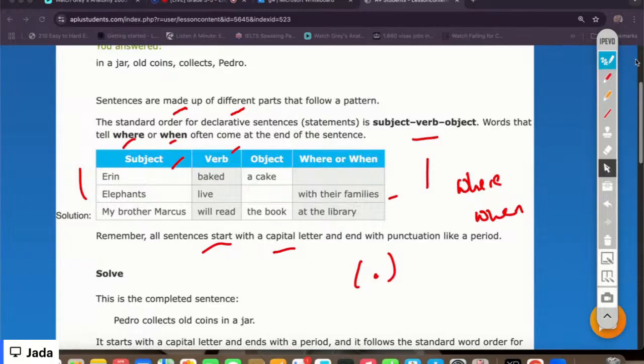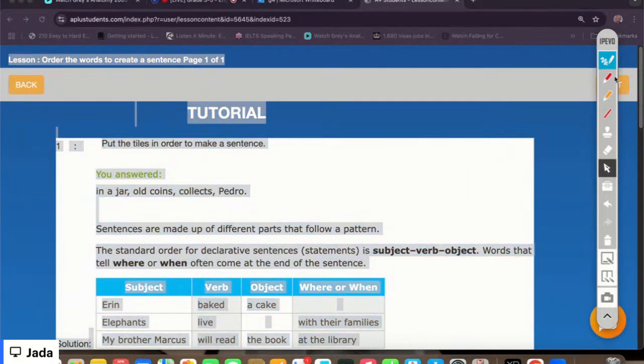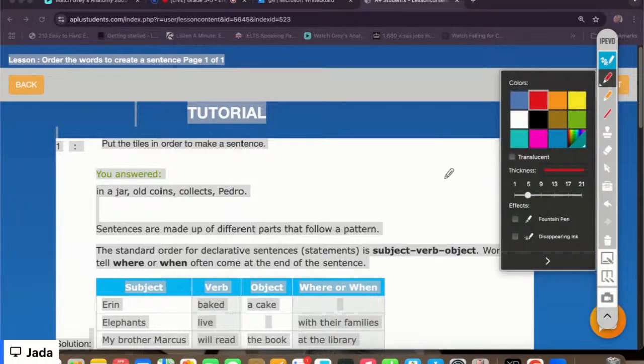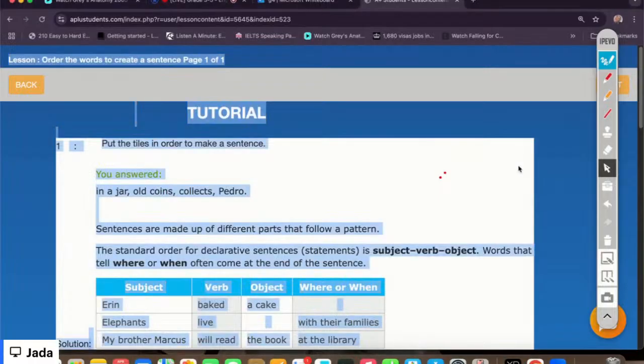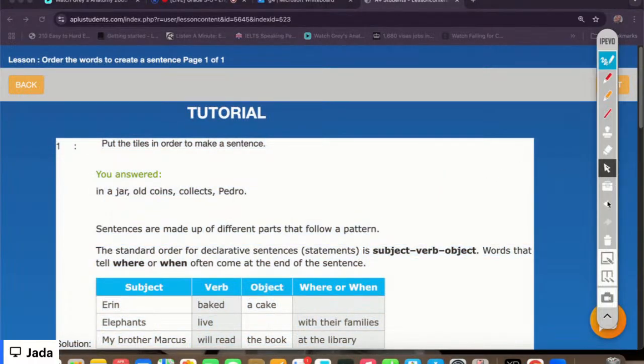All right, so let's look at some examples for this. We have the first one: put the words in order to make a sentence.